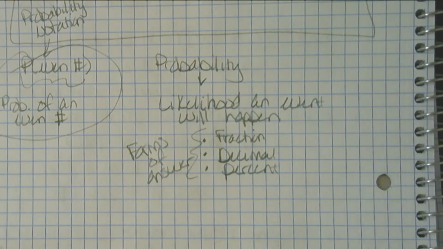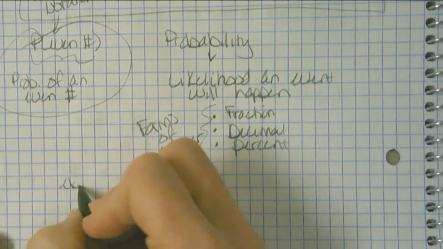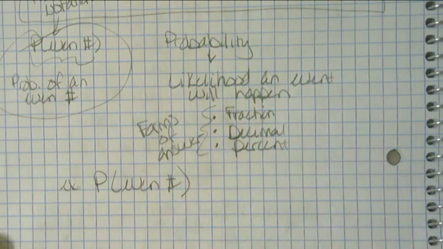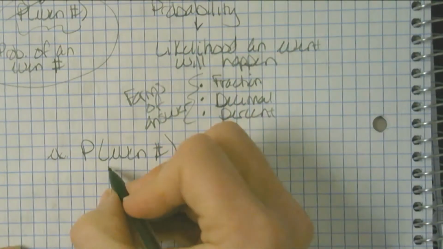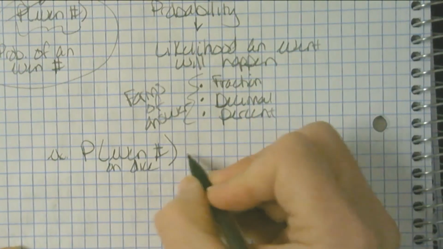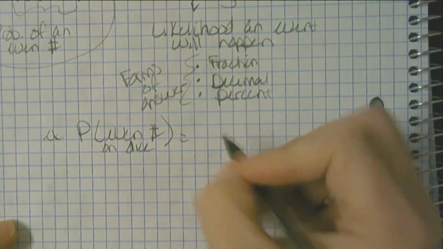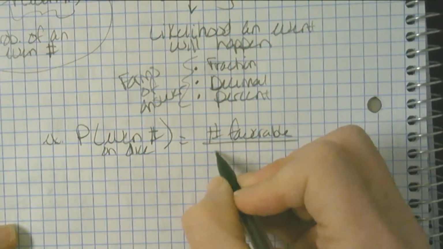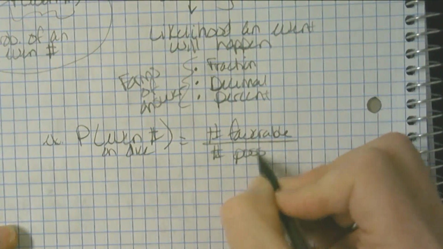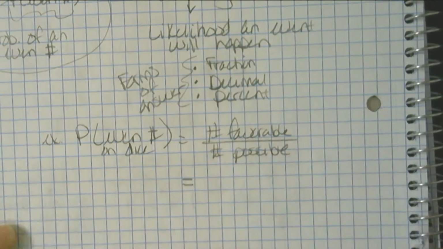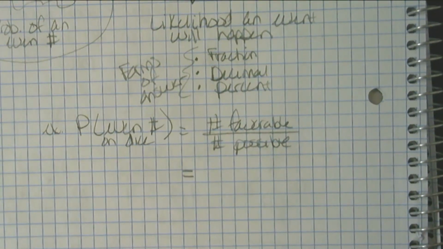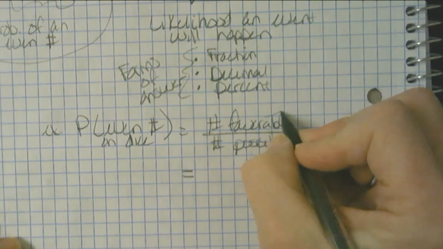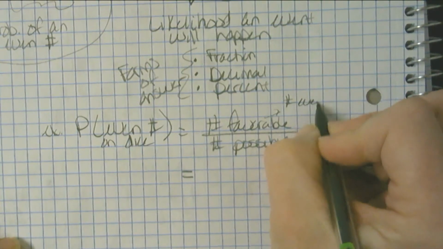All right, so if we take a look at the example that we did, we want the probability of rolling an even number on a dice. So it's my number of favorable over my number possible. My number favorable are the number of even numbers.